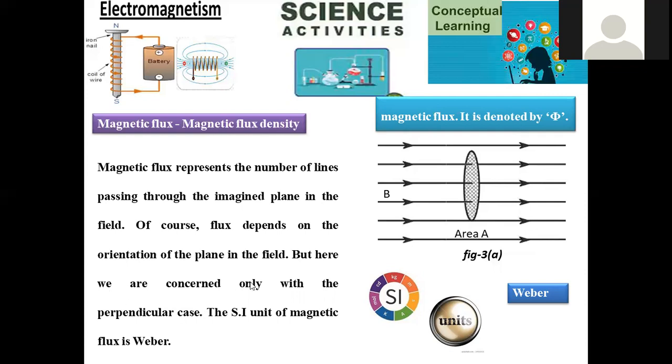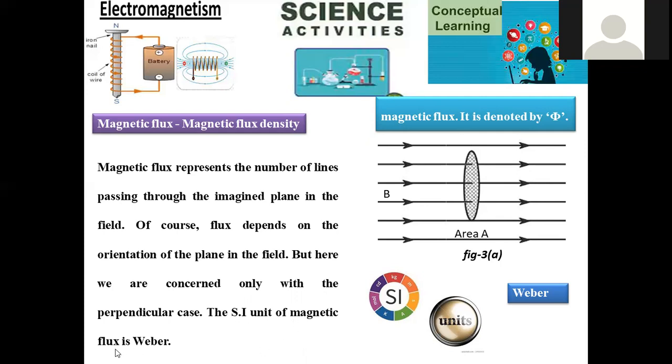But here we are concerned only with the perpendicular case. Always the inclination is kept constant, and we are assuming it should always be in the perpendicular position. So when the perpendicular orientation of this area A is there in between the north and south poles, and lines are moving through this one in unit time, how many lines are moving through this kind of area is denoted as its magnetic flux.